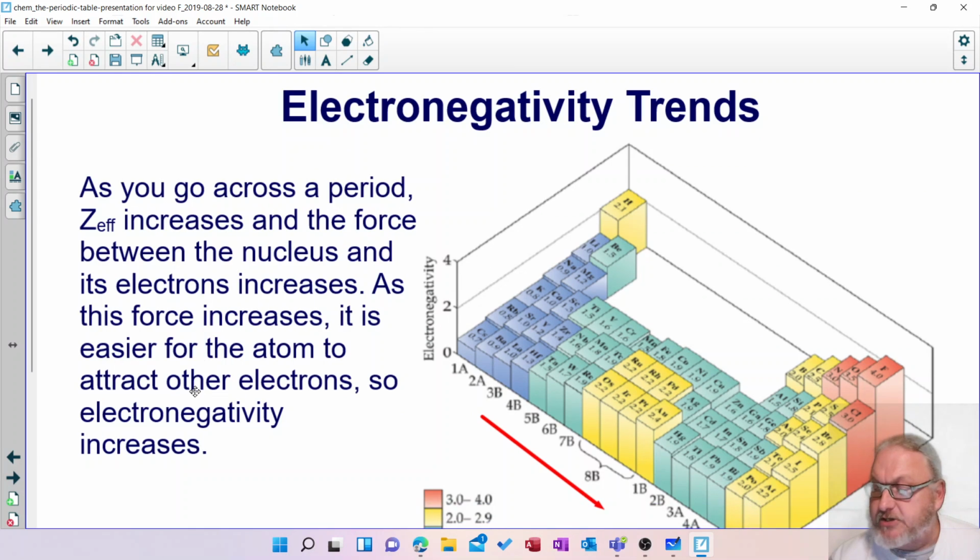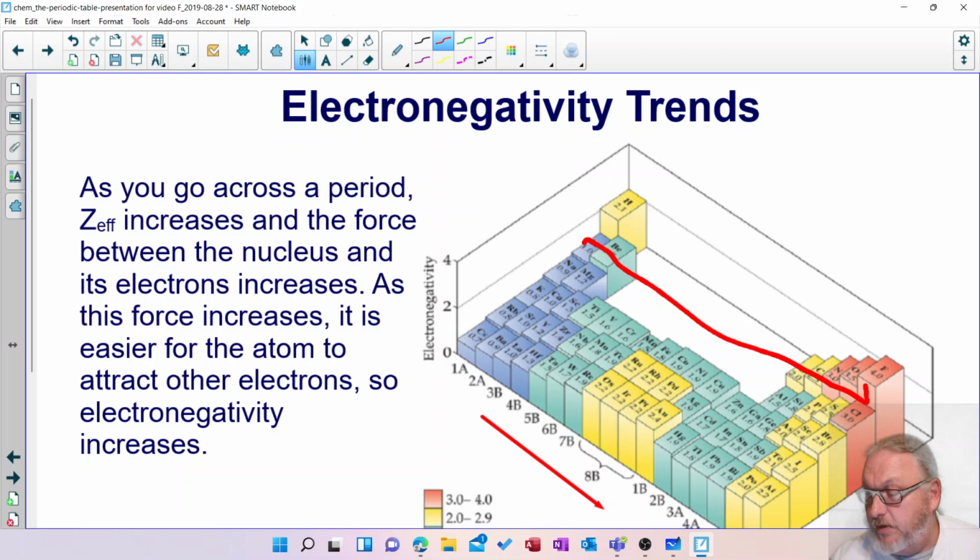As we go across a period, the Zeff increases, and the force between the nucleus and its electrons also increases. As this force increases, it's easier for the atom to steal other electrons. So electronegativity will increase.